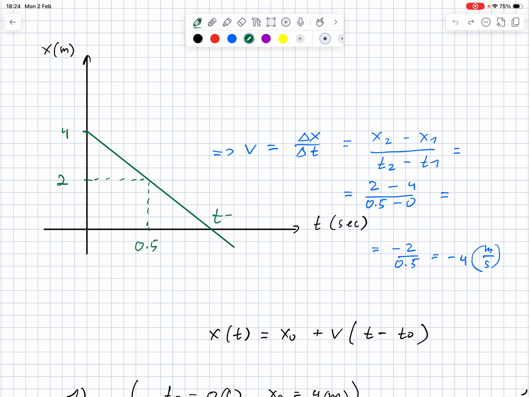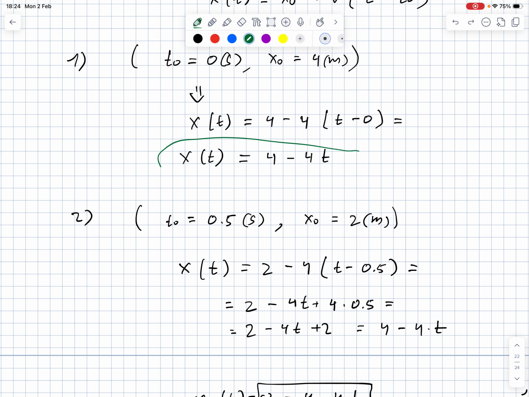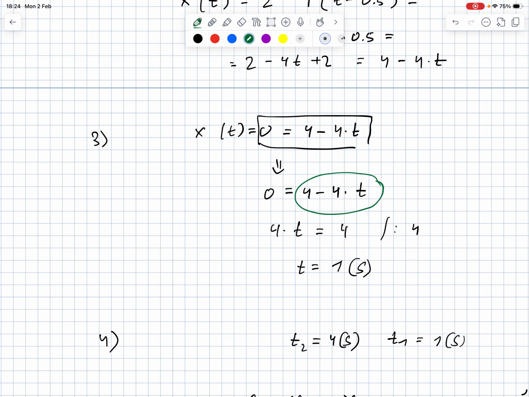Then we're going to use this expression for position that we found a few minutes ago. Now, instead of x of t, we will substitute the value of 0, because this is the origin. 0 equals 4 minus 4t. Now, let's move this term of minus 4t to the left.